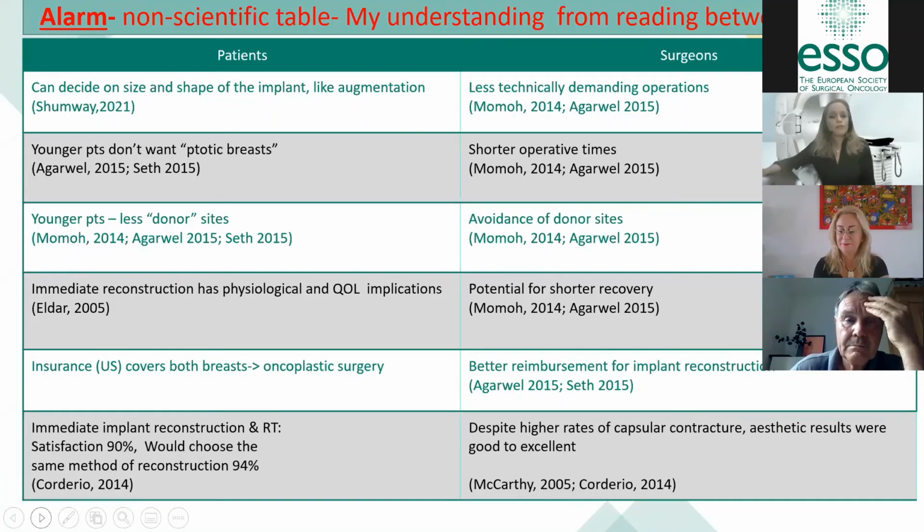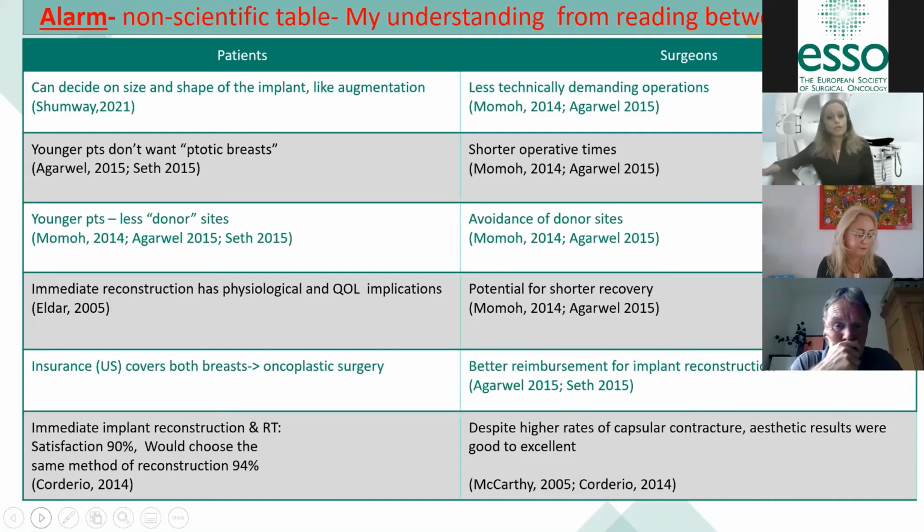With regards to the surgeons, it is less technically demanding than the microsurgery and having an autologous flap, with shorter operative time, avoidance of donor sites, and potentially shorter recovery for the patient.